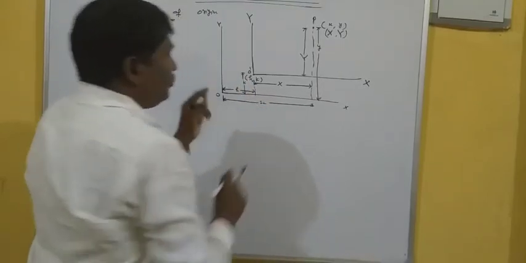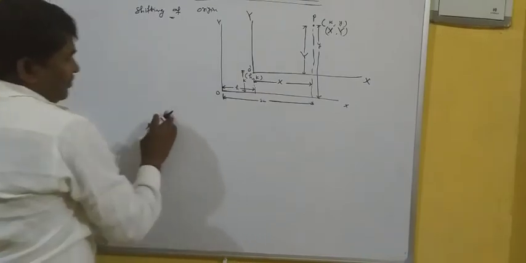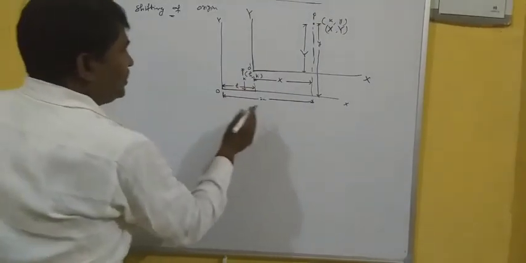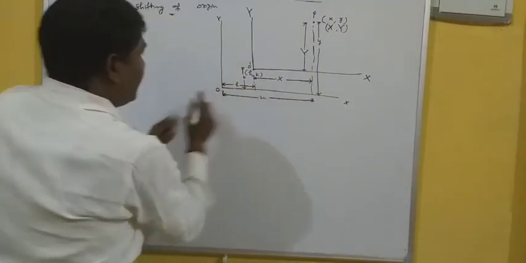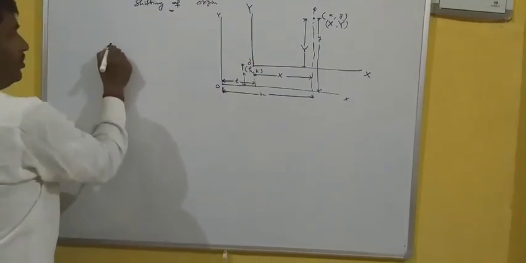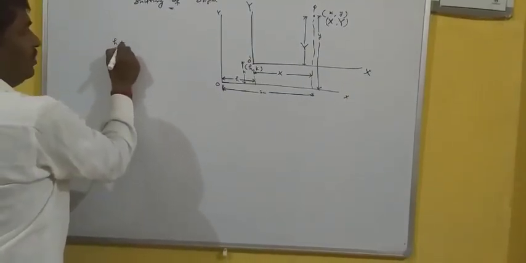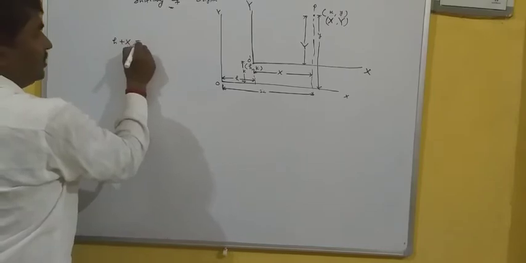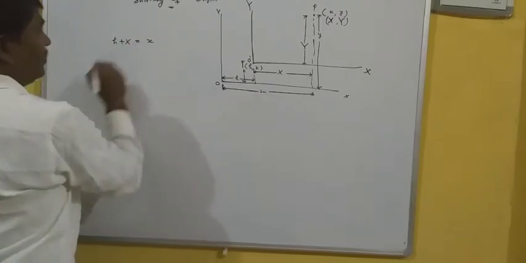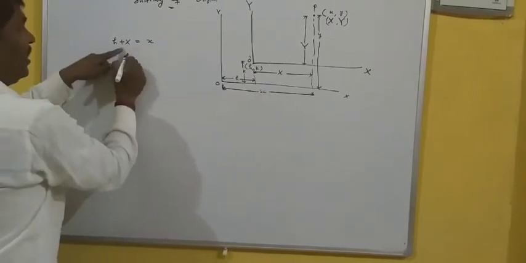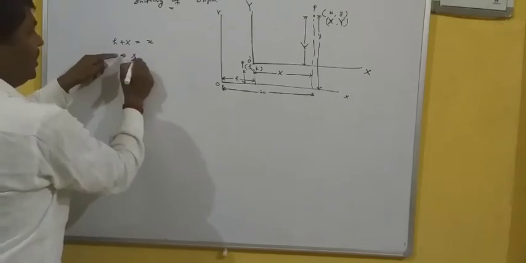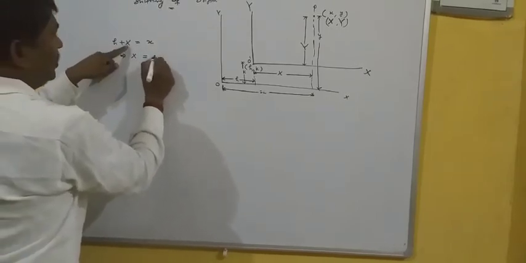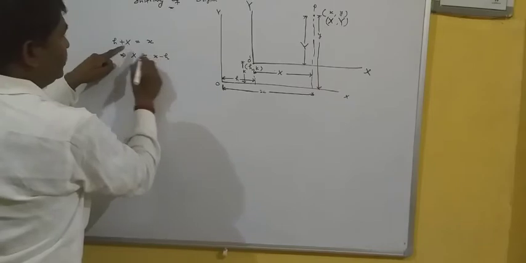From the diagram, it is obvious that small h plus capital X is equal to small x. So capital X is equal to small x minus h.